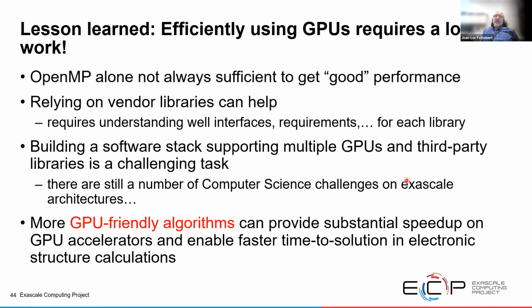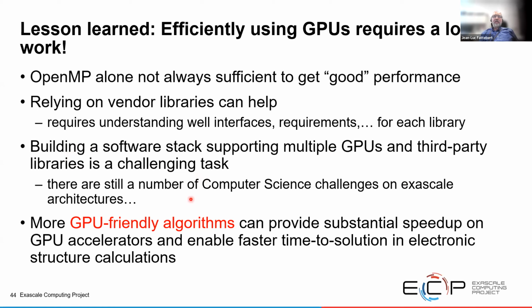Relying on vendor libraries can help, but this is not easy either. Every library has its own interface and its own requirements. Software stacks can be an issue, between compilers, compatibilities and so on. So building a software stack that supports all these third-party libraries and multiple GPUs is a challenge.